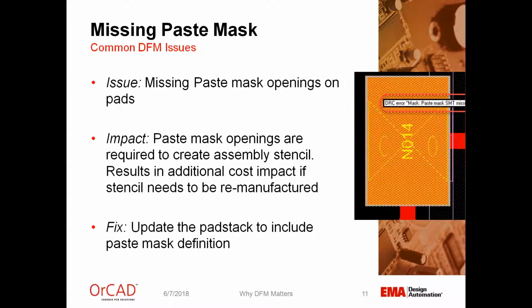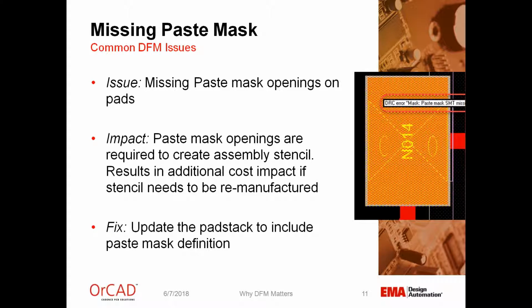Same thing with the paste mask. So paste mask opening allows us to put solder paste onto the land pattern so that we can bond the part. So this paste mask is used to create what they call an assembly stencil. And if you had a very small pad, but it was all over the design, maybe 100 times, because it's so small, it could get overlooked.